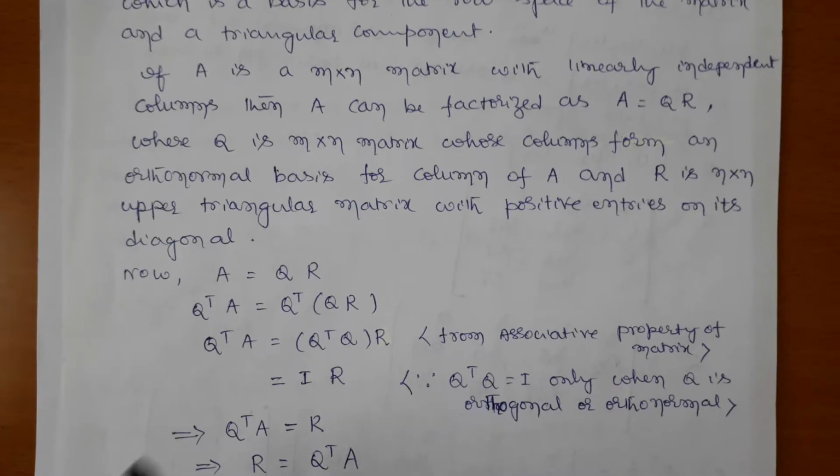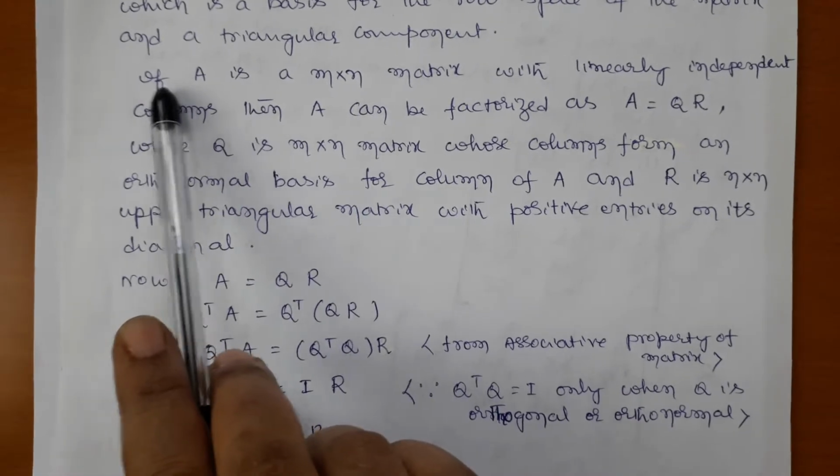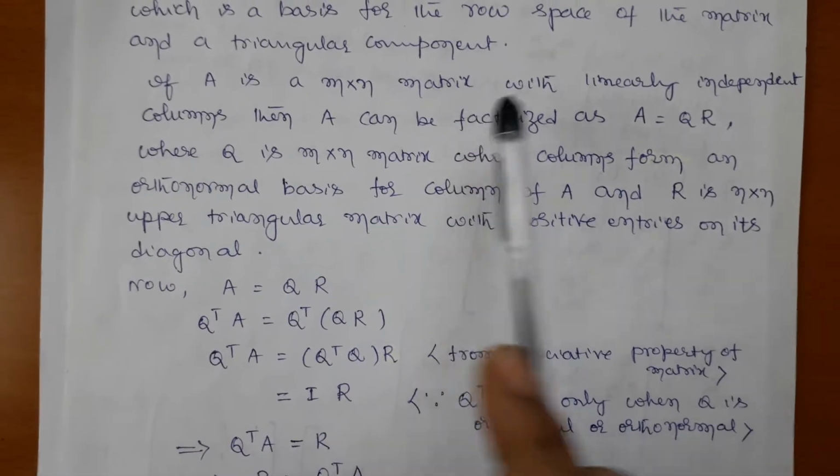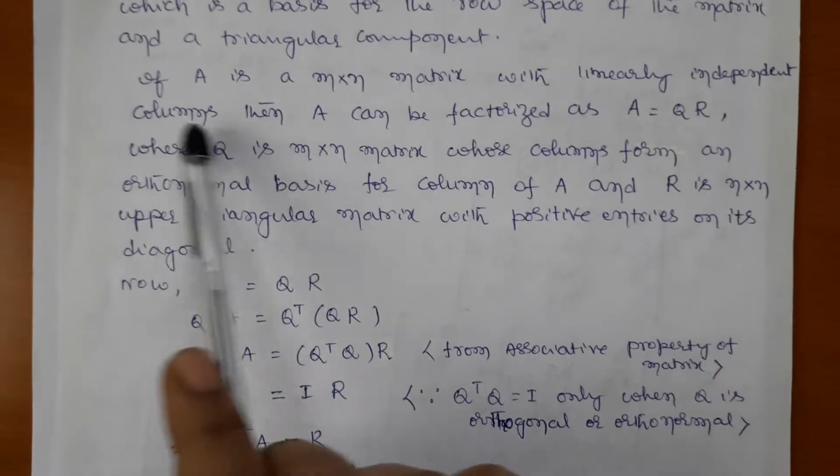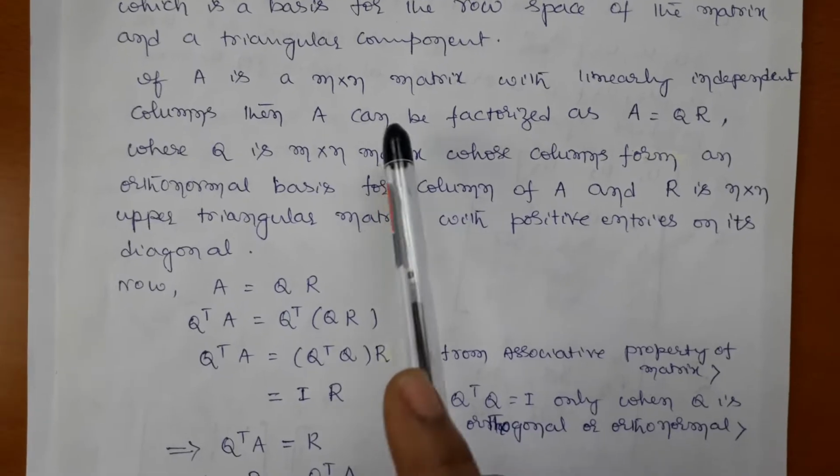Before moving to the next step, please understand: if A is an M cross N matrix with linearly independent columns, then A can be factorized.